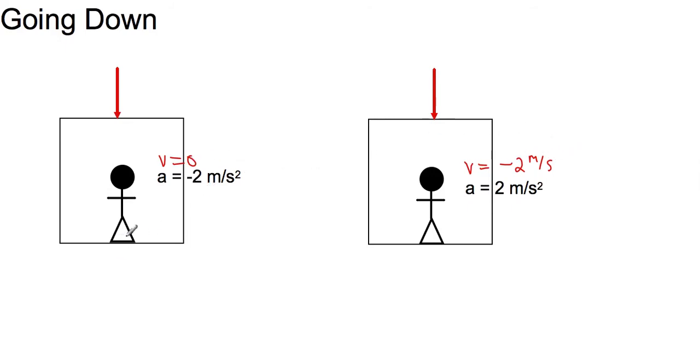So force diagrams do not change. We have the weight pulling us down. We have the force of the elevator, which again is our normal force pushing us up. So our equation didn't change. We have F equals ma is equal to the elevator force minus the weight.